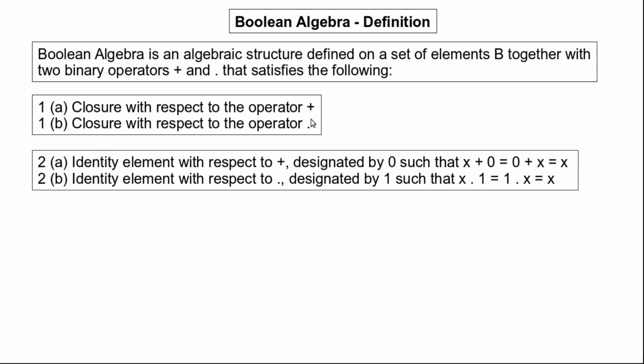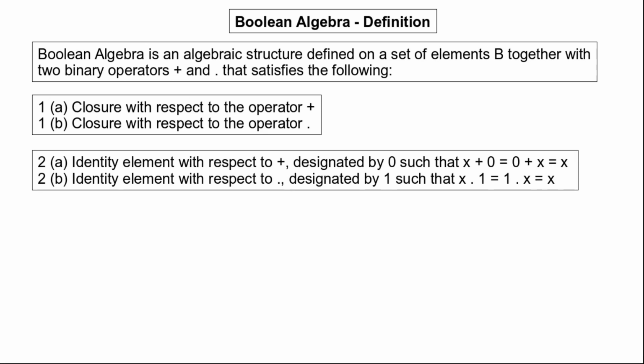The next condition is that there should be an identity element with respect to plus, which we can designate by the symbol 0, and if the element is an identity element, then x plus 0 should be equal to 0 plus x, which should be equal to x.